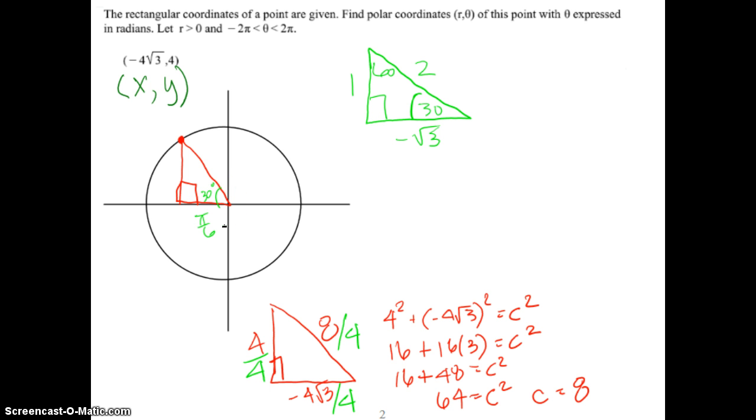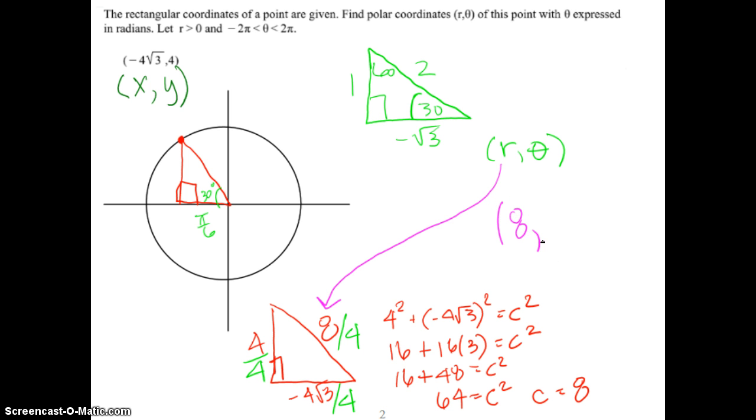So now, remember, we're looking for r and theta. r represents the hypotenuse before you reduce. We reduce just to figure out what the actual angle theta was, but the actual r, the actual distance from the origin to the point, is 8 units. So we want to keep our r value as 8.